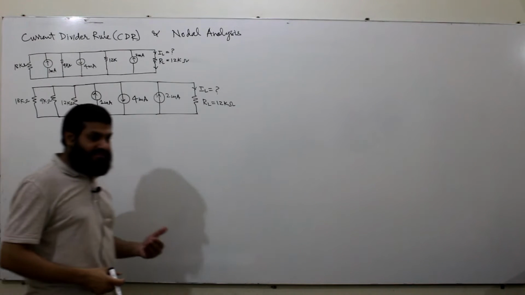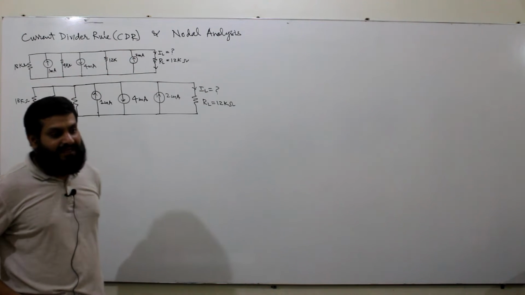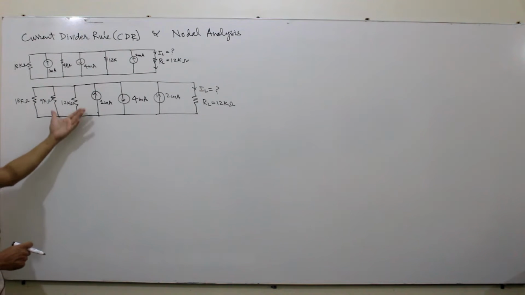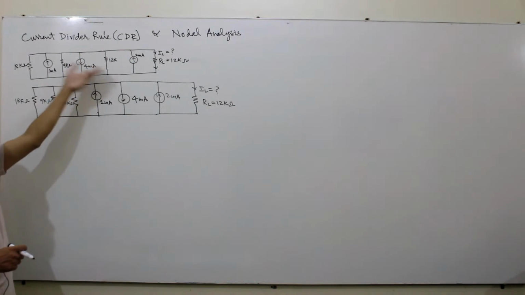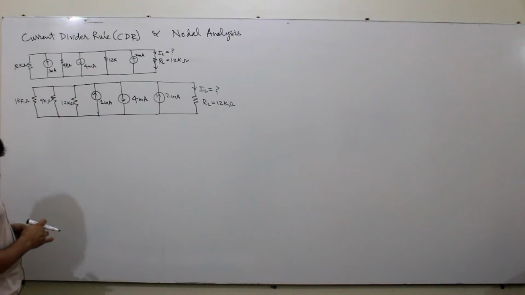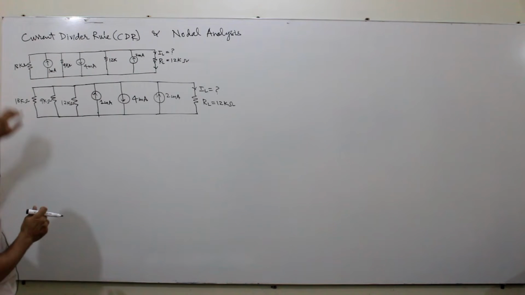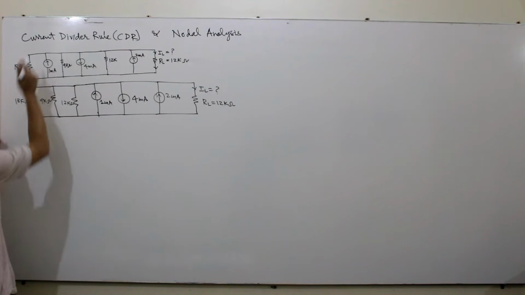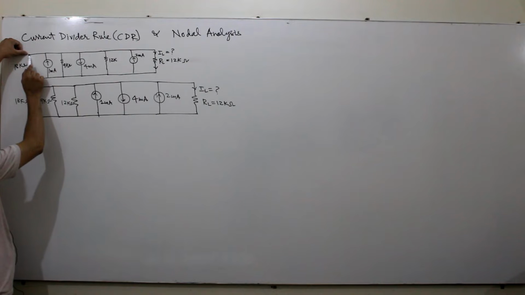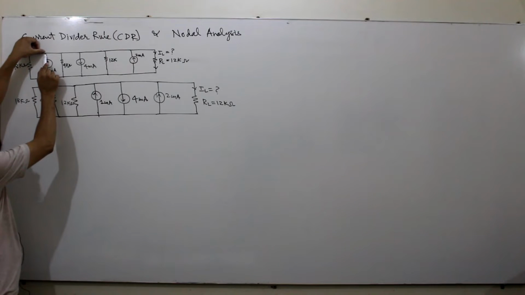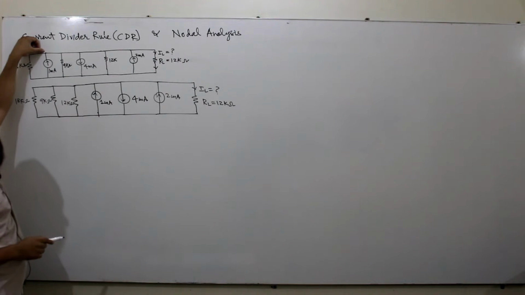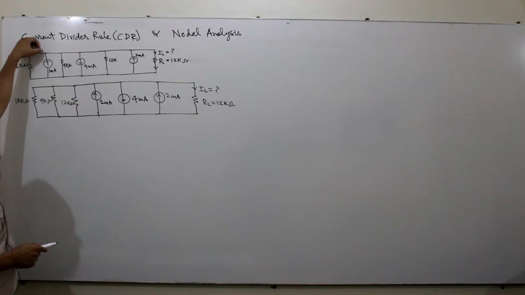Now the question arises, some of you may think, sir, how can you bring all the resistors from within the circuit to one side, and similarly the currents together? Once you start from this point and start moving, when you reach here you see it's another node, but there is no element coming in between.